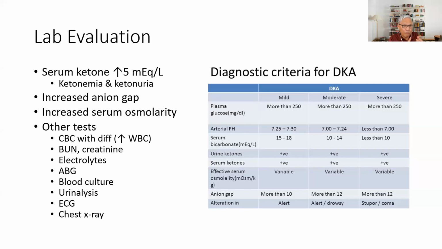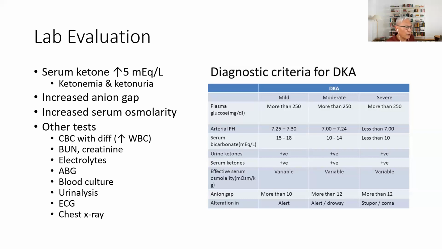Okay, so first, you're going to have an increase in blood glucose. And then second, you will have the presence of ketones above 5 mEq in your serum, as well as the presence of ketones in your urine, and then an increase in serum osmolarity. Now, other tests that would help us to identify whether or not there's an infection would be CBC with differential. And we could also look at the metabolic panel, because it might be useful to find out what the general state of that patient is.